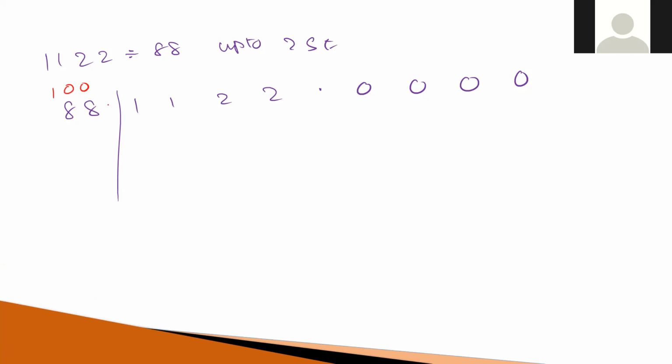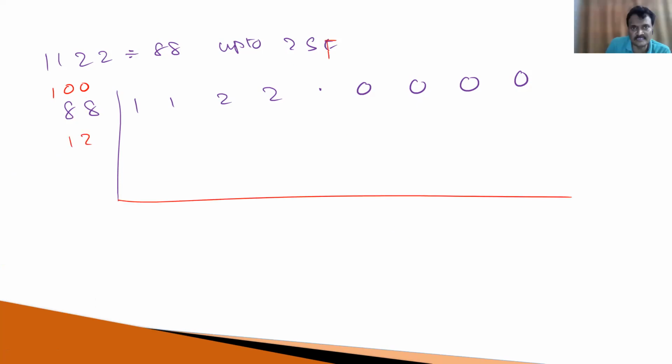Now, 100 minus 88 is equal to 12. What we require? The answer should be up to 2 significant figures, right? Now, straight away write down 1. Okay, 1 into 1 is 1, 1 into 2 is 2, right?